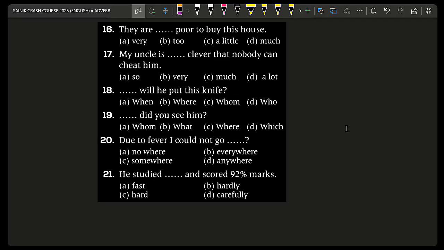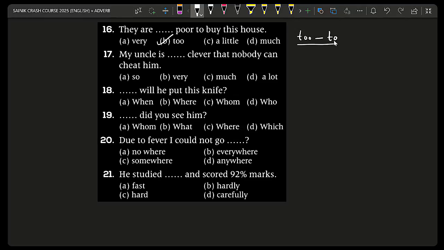They are too poor to buy this house. Whenever too is used, does that show negative meaning or positive meaning? Negative meaning. They are too poor to buy this house means they do not have enough ability to buy this house. That shows a negative statement, right?